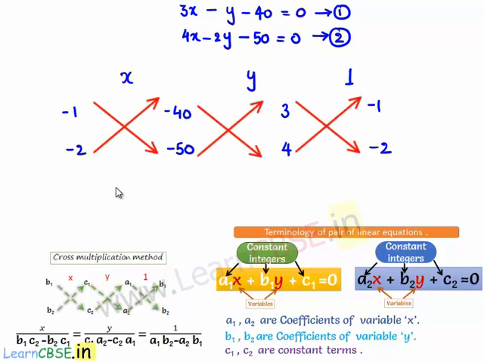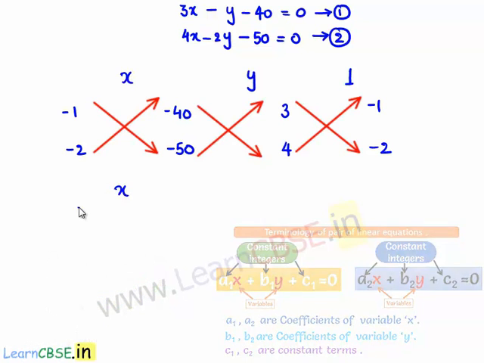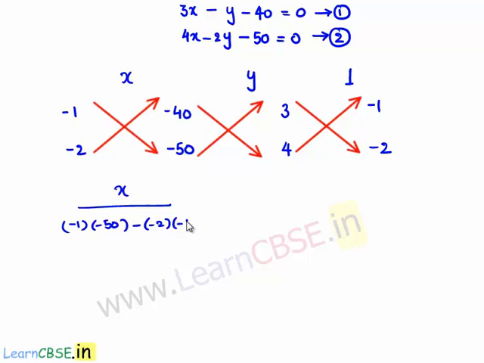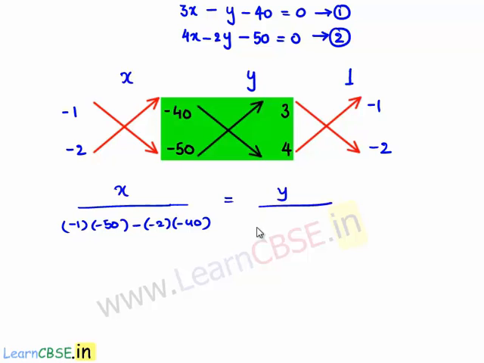Now we will be getting x divided by, on cross multiplication we get minus 1 times of minus 50 minus 2 times of minus 40. This is equal to y divided by minus 40 times of 4 minus 50 times of 3.